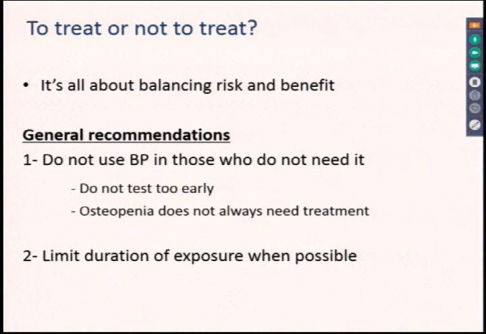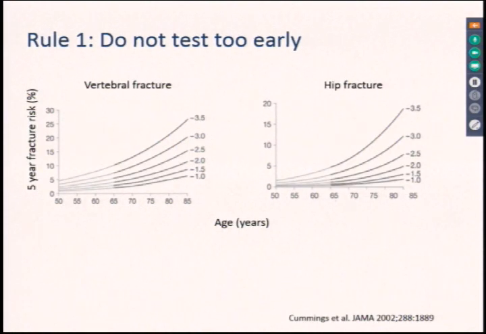So let's go through the data on those 2 rules. That's rule number 1. Do not test too early. This is data that's pretty old now, published in JAMA. It's been reproduced in other papers, but it basically correlated the T-score, and this is in women, but there's similar data in men.